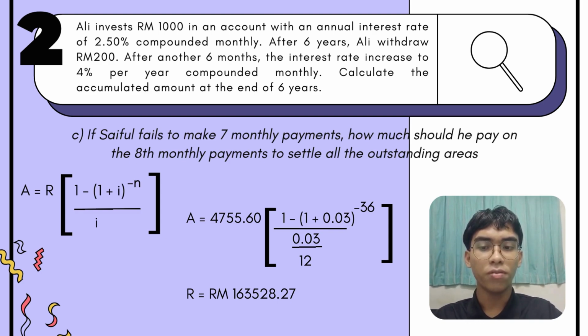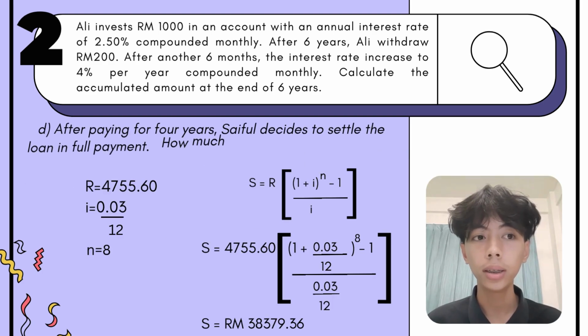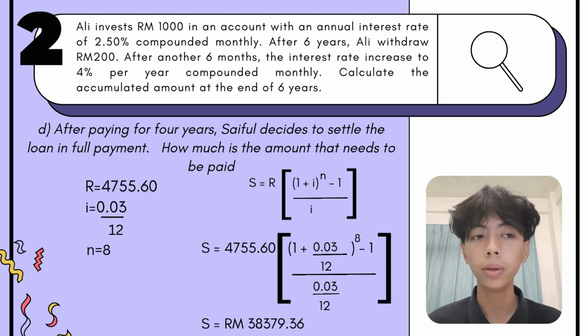A equals 4,755.60 bracket 1 minus bracket 1 plus 0.03 over 12 power of minus 36, divided by 0.03 over 12. So we get new R is 163,528.27 cents.